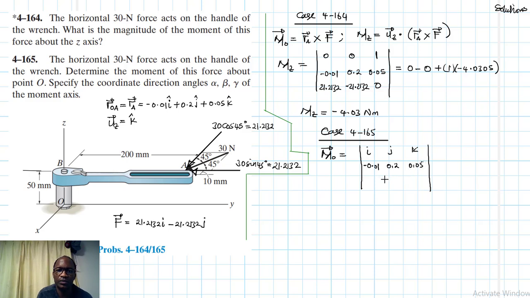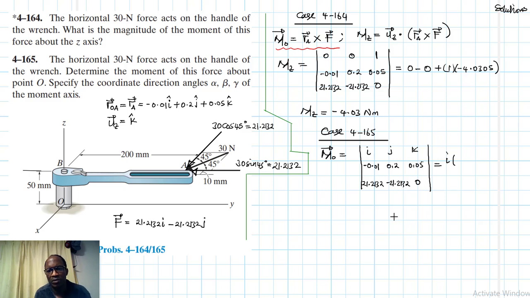So we wrote already the equation for the moment about point O. Okay, and then the force, we already have it: 21.2132, minus 21.2132, and then a 0. Okay, so there we go.